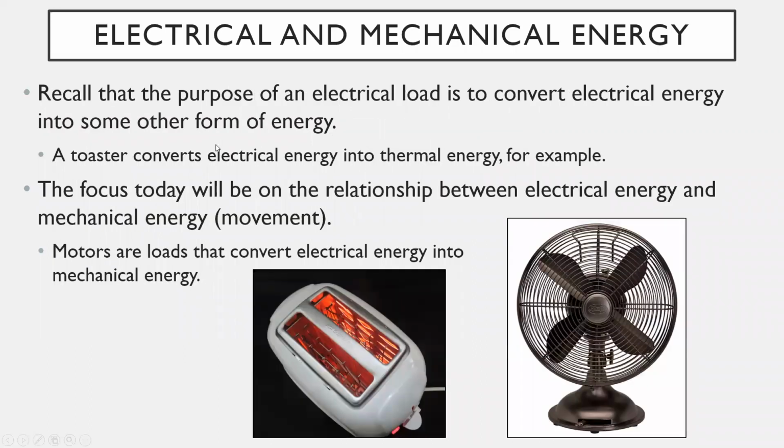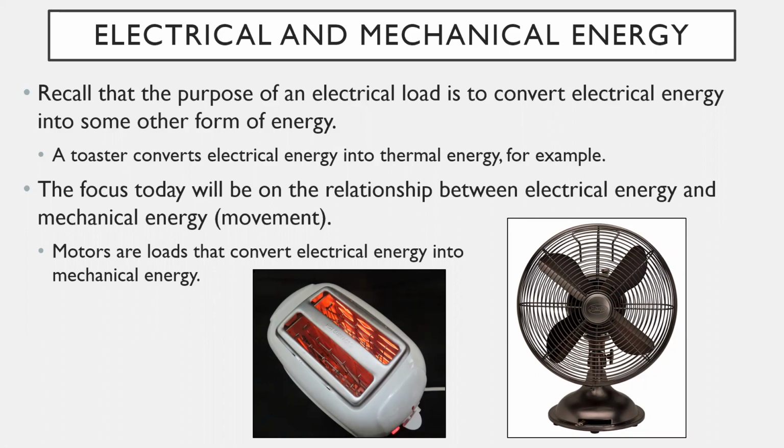Let's get going. So recall that the purpose of an electrical load is to convert electrical energy into some other form of energy. So a toaster, for example, converts electrical energy into thermal energy, right? Now the focus for today is going to be on the relationship between electrical energy and mechanical energy. Remember, mechanical energy is just basically things that are moving, right? Often we call that kinetic energy.